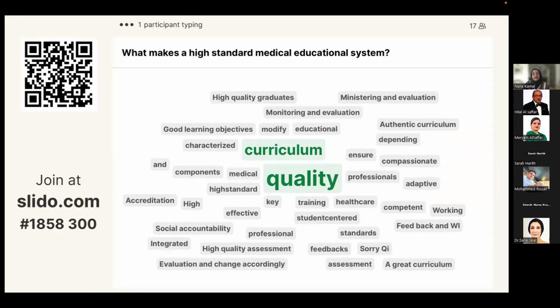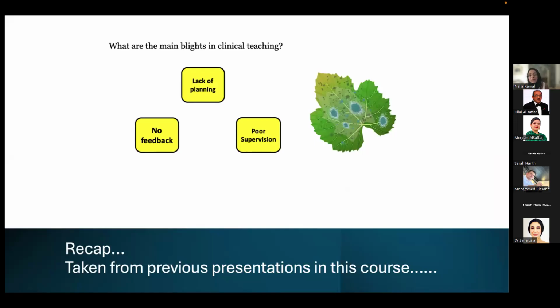Okay, so I believe in spiral curriculum. I hope everyone knows what a spiral curriculum is. It basically means that we go back to the basic fundamentals of what has been taught beforehand.